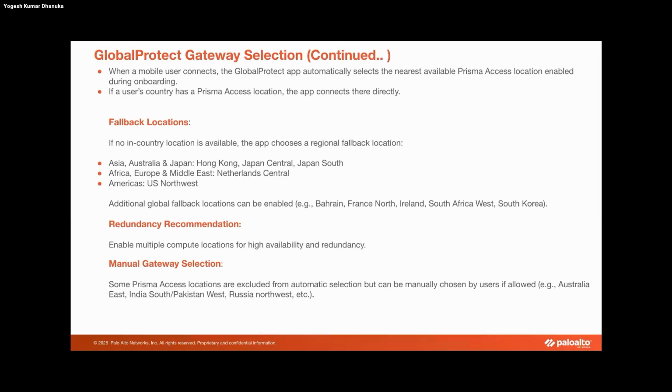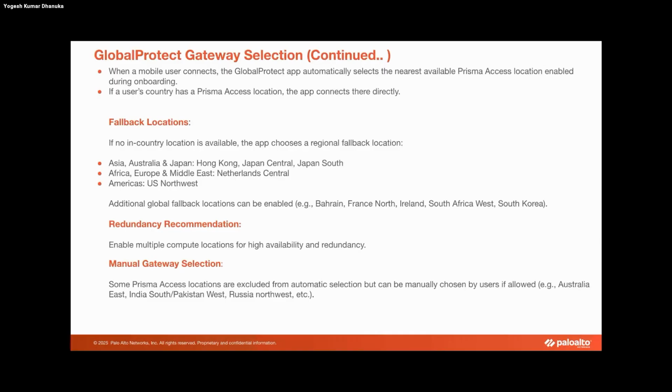In Prisma Access, there are some predefined fallback locations, which act as fallback locations globally. And we can see that in each region. So APAC, Africa, NAM are different gateways.